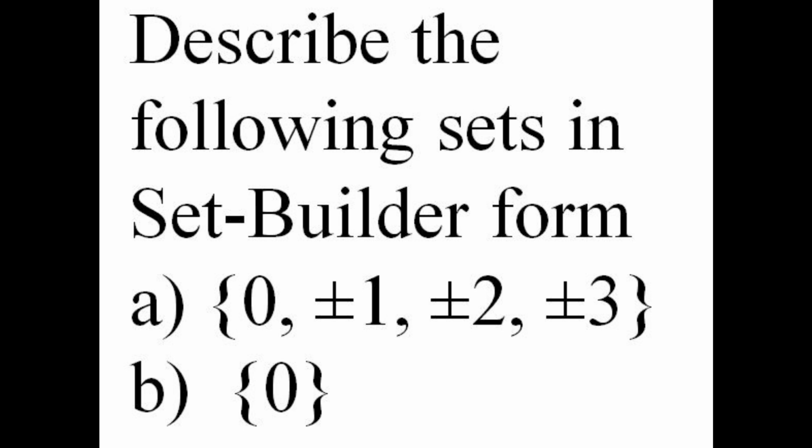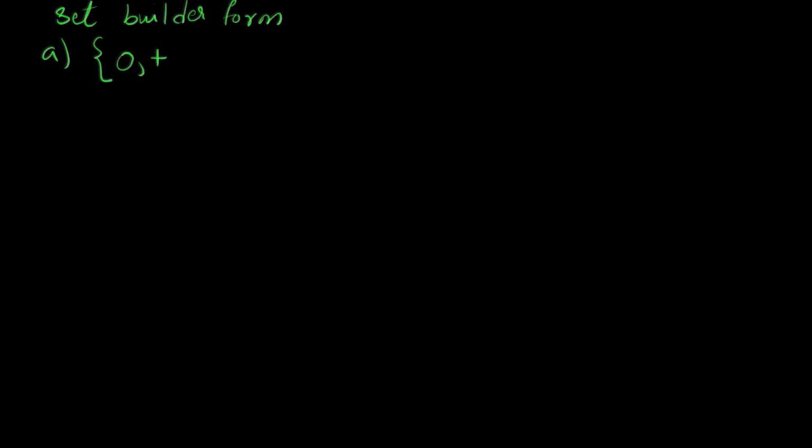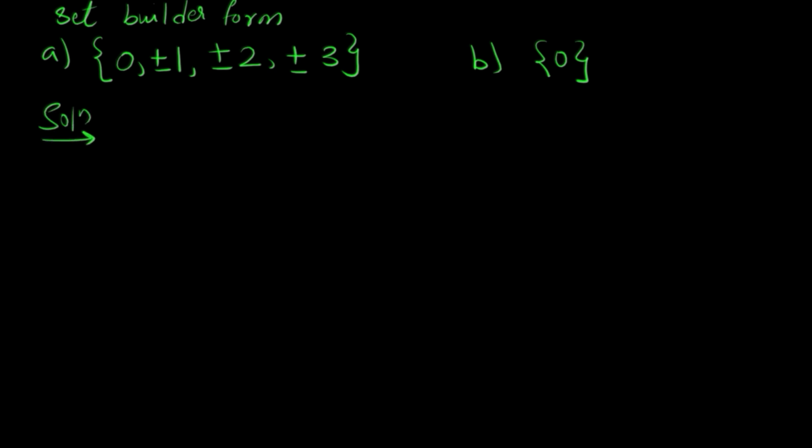Write the following sets in set builder form. A is {0, ±1, ±2, ±3} and B is {0}. Set builder form solution is very simple.